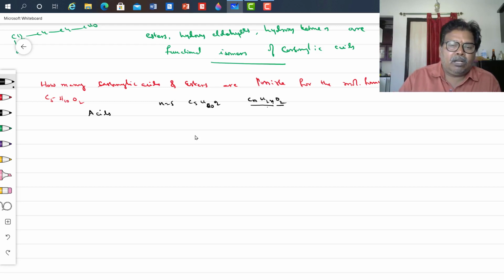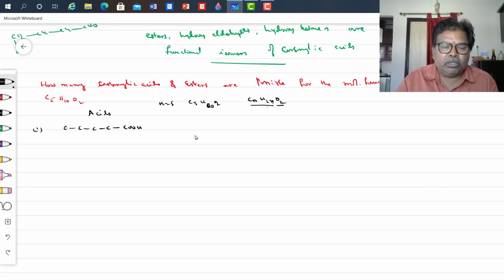C5H10O2. Now here I am writing 1, 2, 3, 4 COOH. So I separated COOH from the formula. So C4, 4 carbon atoms remain, and H10 minus 1, so H9.